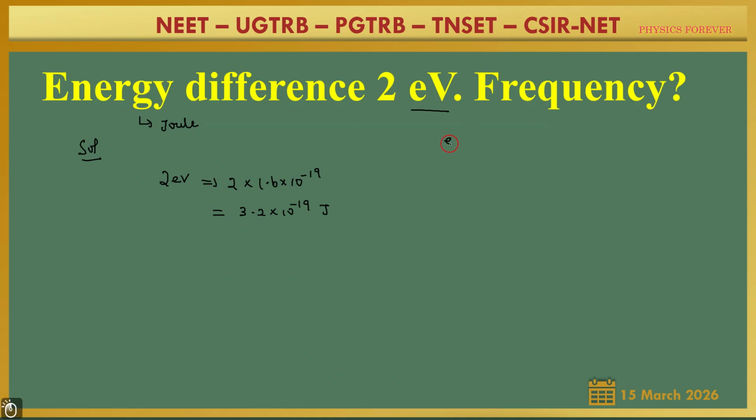So when energy is given in electron volt, we convert electron volt into joule. While converting into joule we multiply by 1.6 into 10 power minus 19. Next we have to find out the frequency. We know the energy relation: E is equal to h nu, so nu is equal to E by h.